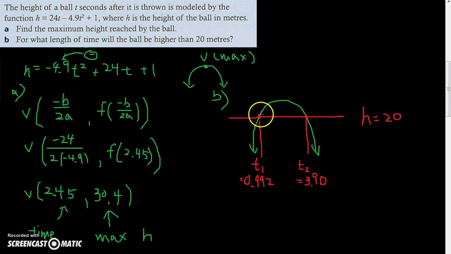So between those two times, my object is higher than 20 meters. They want us to find the length of time. So from T1 to T2, the length of time would be 3.90 minus 0.992.